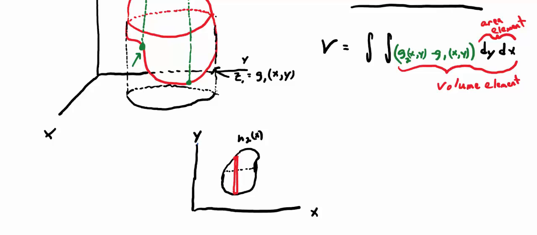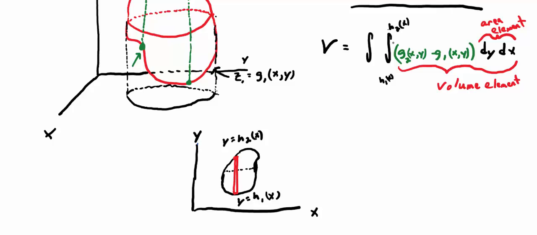So hopefully we'd have an h2 of x and an h1 of x, two functions of x, y as functions of x. Then the inner limits of integration would be h1 of x to h2 of x. This is if we're going with dy dx.